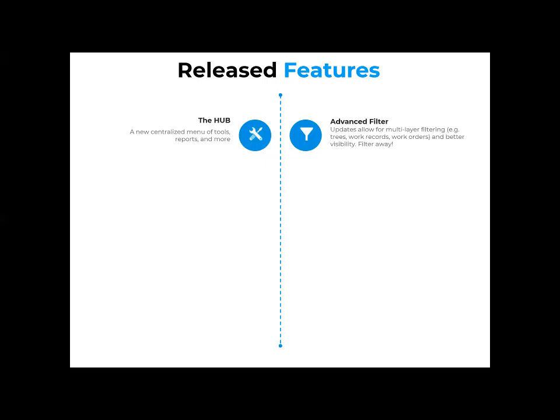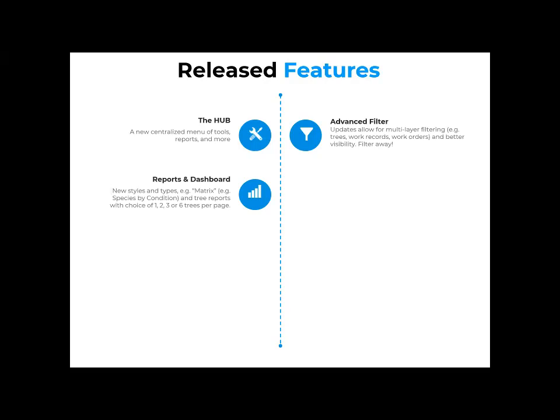You can search trees, other kinds of records, inspections, work orders, but now you're able to search between different layers, if you will, or databases. So what this means, if you have the work order management module with our system, you can search not just trees or work records or work orders, but all three of those combined. So it's much more powerful in that sense.